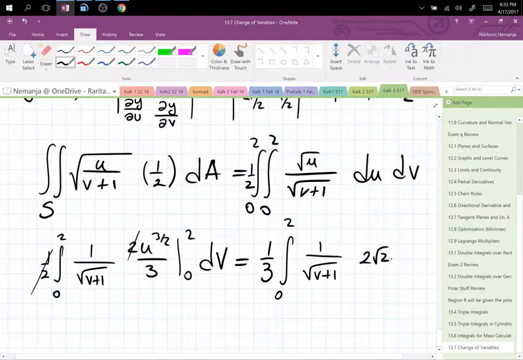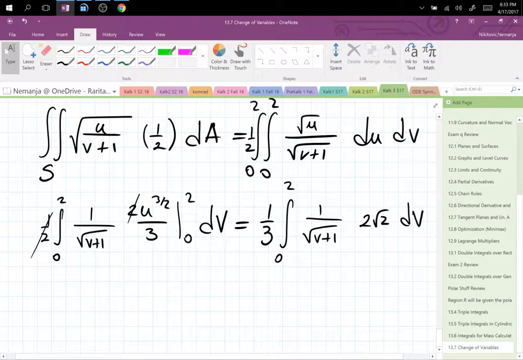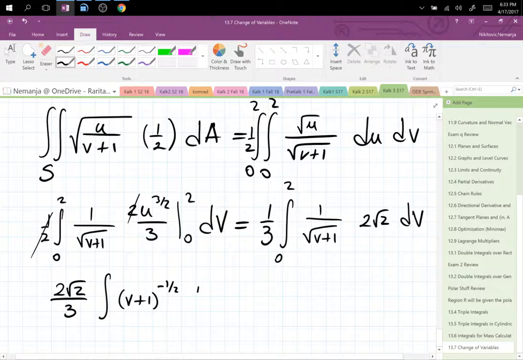Because it's a square root of 8. So 2 root 2 and dv. So 2 root 2 is a constant that goes out. So 2 root 2 divided by 3, integral of, let's put v plus 1 to the negative 1/2 dv from 0 to 2.